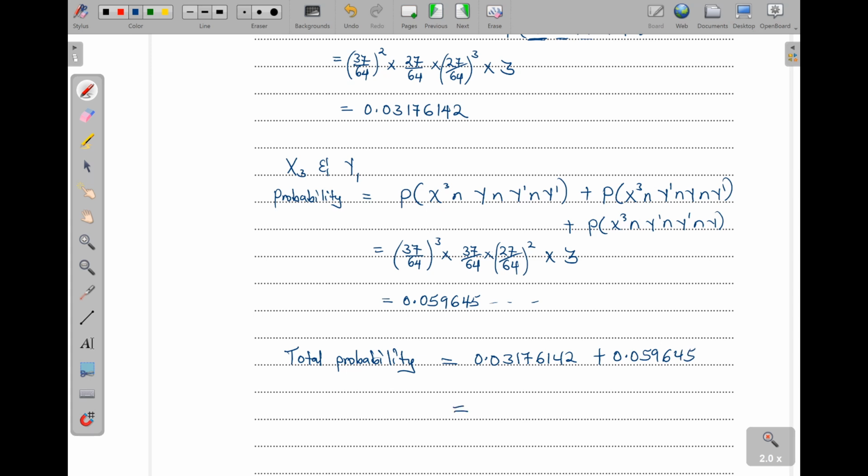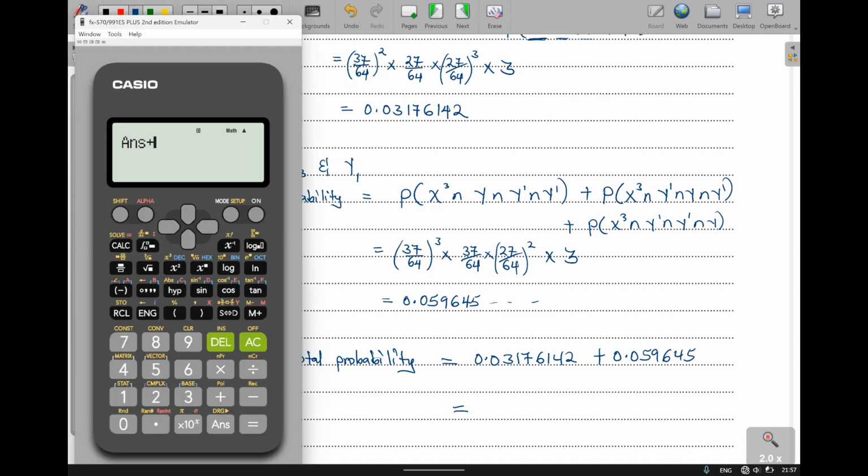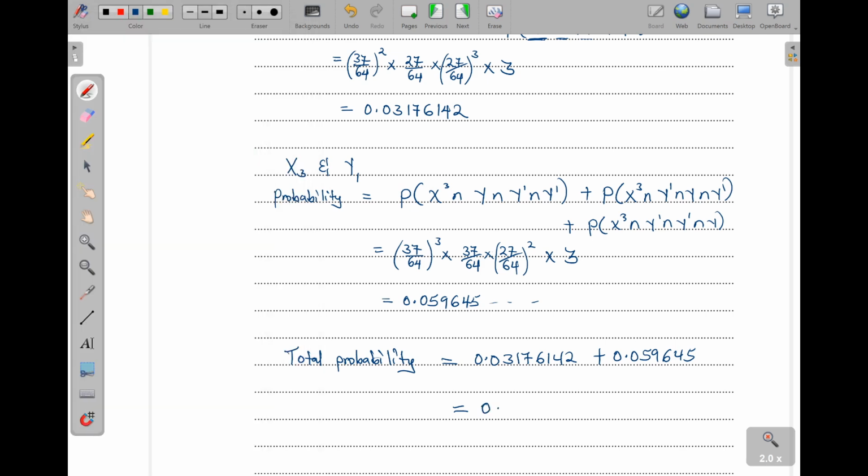But to three significant figures, what do we get? Then we get 0.0914. 0.0914 to three significant figures. So this has been it for this first part of the paper.